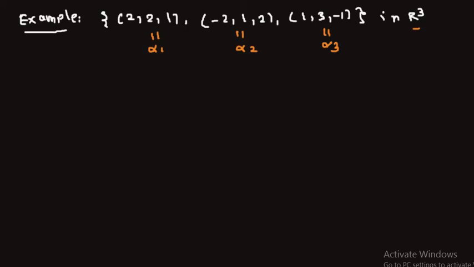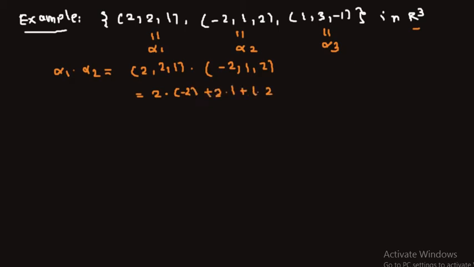So what happens if I multiply alpha 1 with alpha 2? We get (2, 2, 1) multiplied with (-2, 1, 2). This gives us 2 times -2 plus 2 times 1 plus 1 times 2, which gives us -4 plus 4, and you can see that these two vectors alpha 1 and alpha 2 are orthogonal to each other. Now let me check alpha 2 with alpha 3.